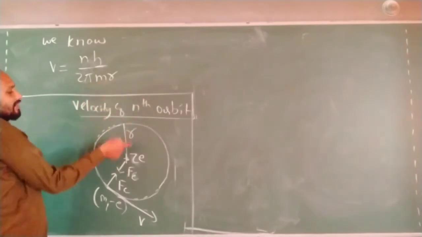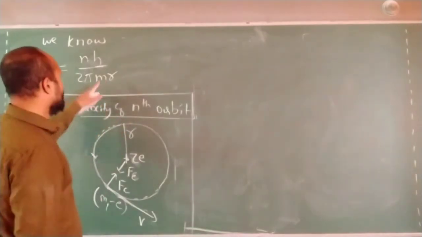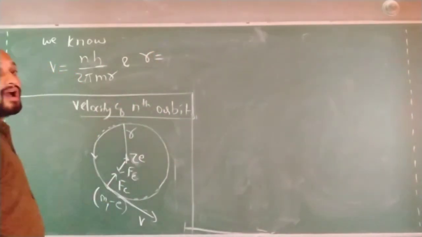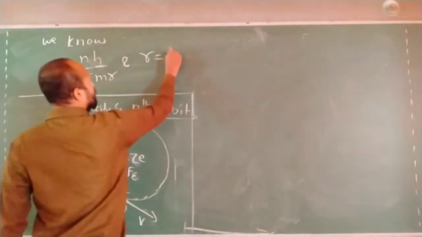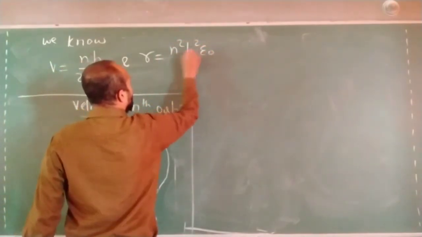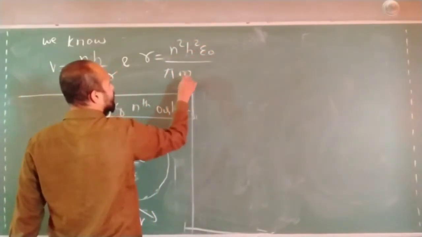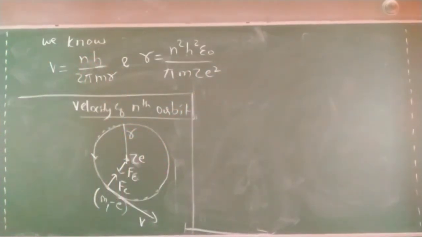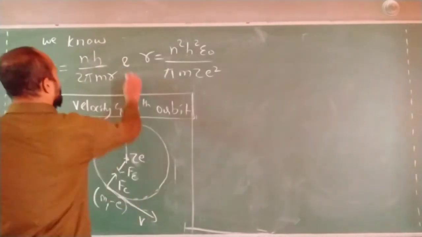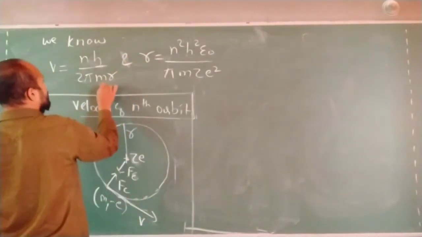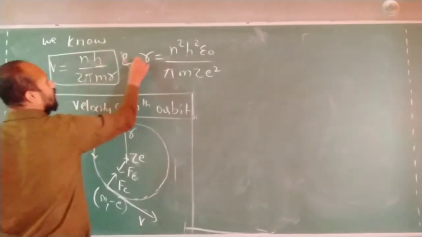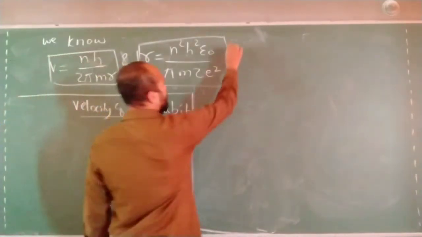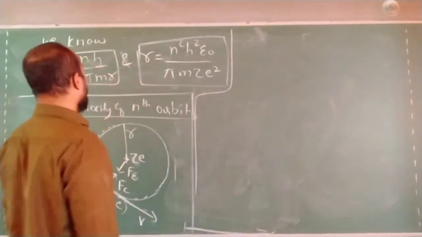I want to eliminate r, since we don't know r, so I will substitute the formula for r. What is that? n square h square epsilon naught divided by pi m z e square. Correct? This is the formula. If I substitute the value of r here, what will happen?